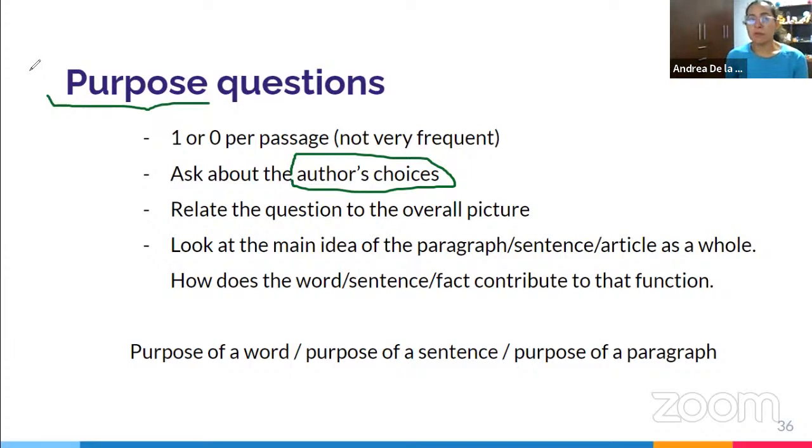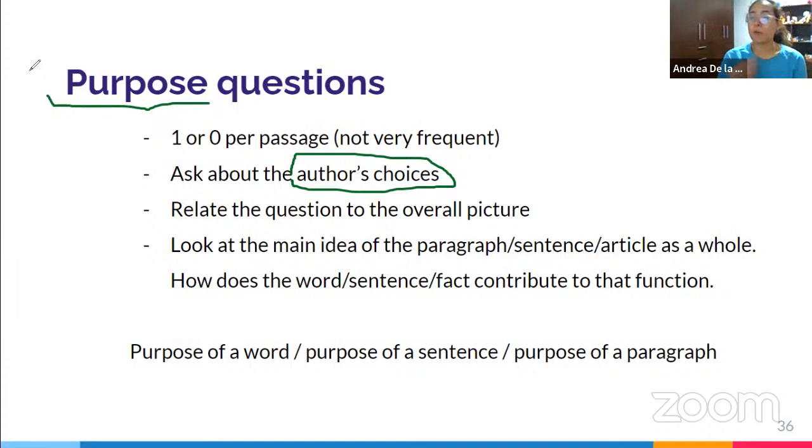So they're going to ask about the reason of things. For example, why does the author use the word purpose? Why does the author talk about this? Why does the author use this quote? Why does the author discuss this problem, for example? They will ask about the reason why the author does something.